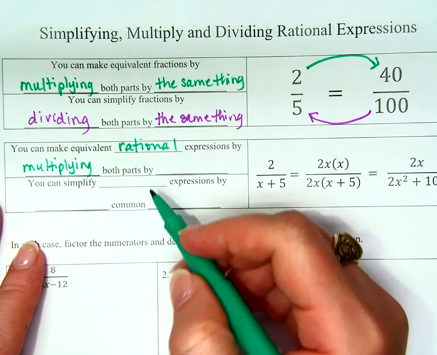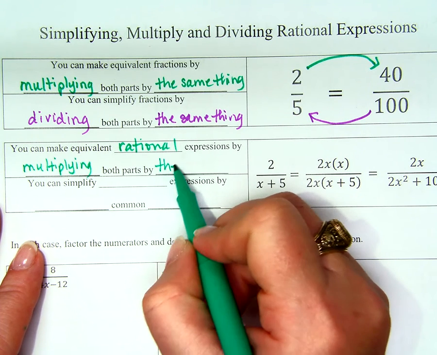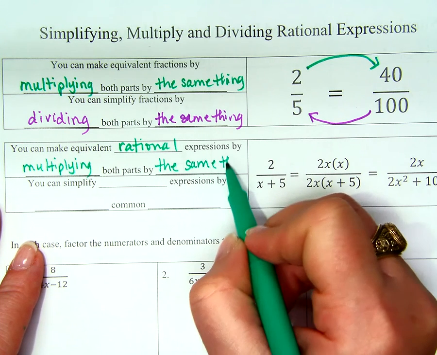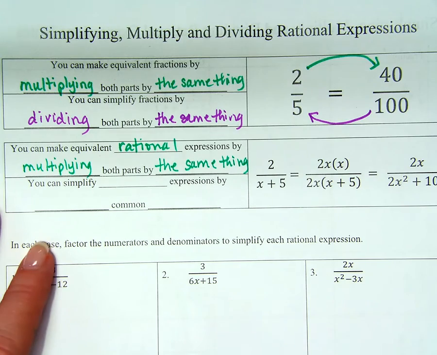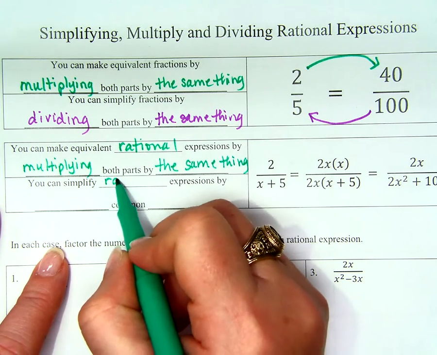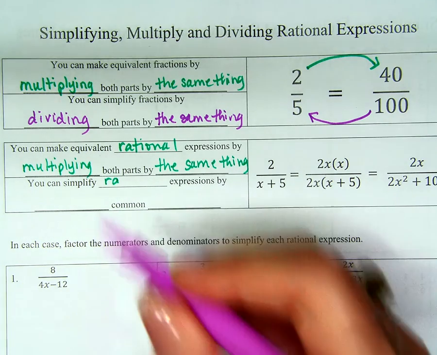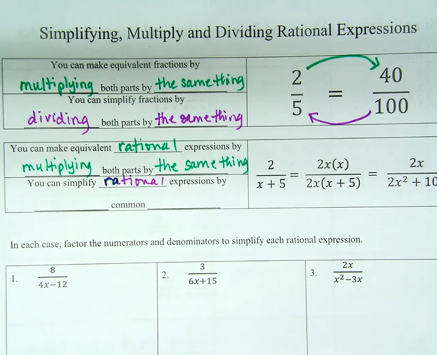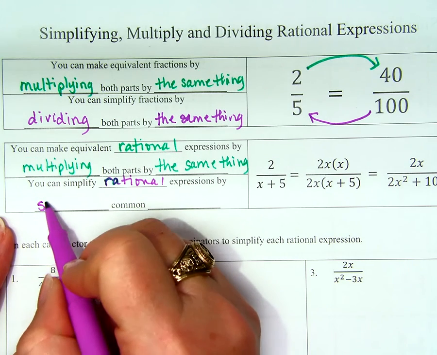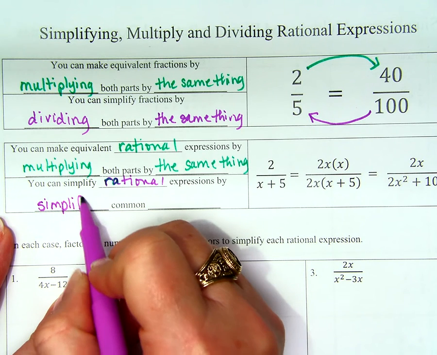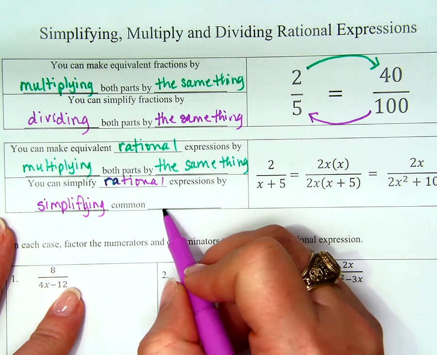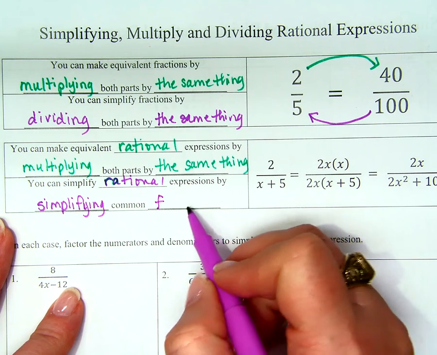Multiplying both parts by the same thing. You can simplify rational expressions by dividing out common factors. Very good.